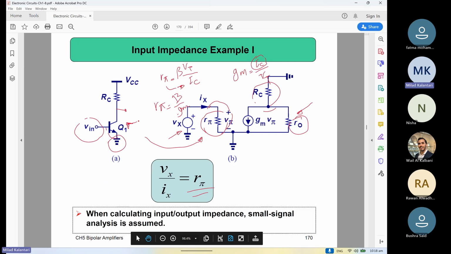And how about the R_O? The R_O is the output impedance of the intrinsic device, which is because of the early effect in the DC curve, if you remember.